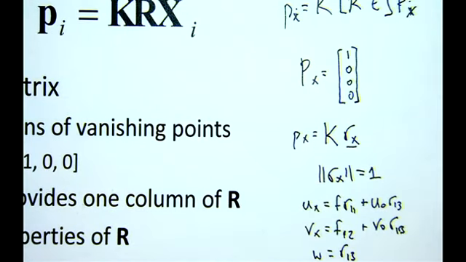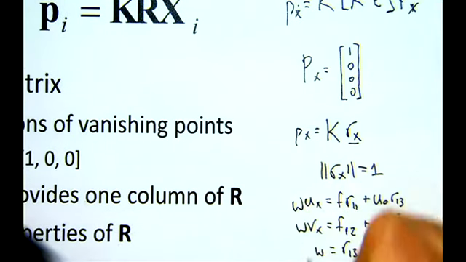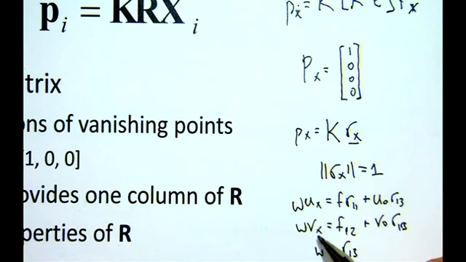Ux and Vx are known, F, U naught, and V naught are known, but I don't know R1, R2, R3.